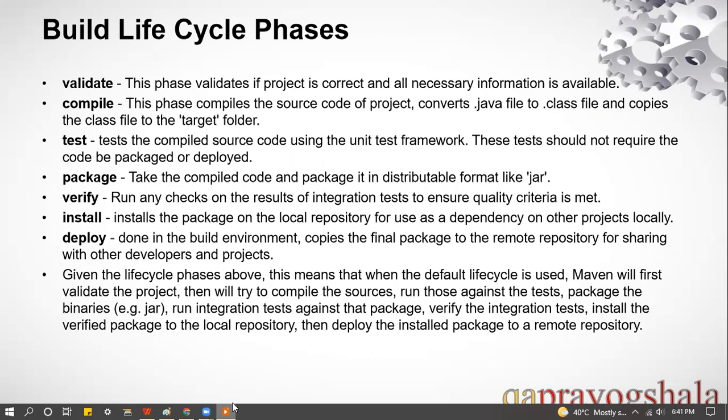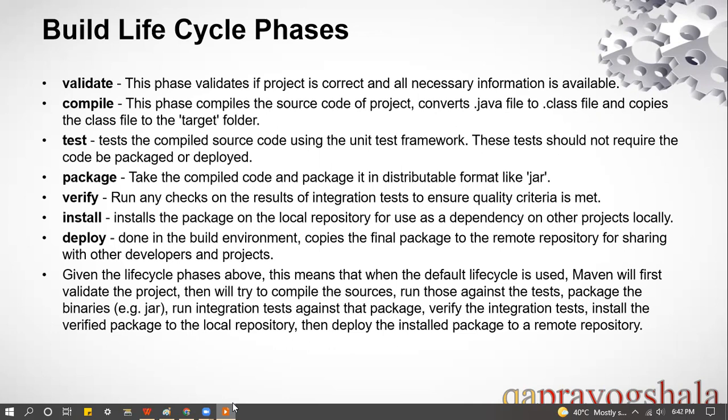That is the whole purpose of the compile phase. We'll see this part in more detail in the next episode when we go through the Maven commands. This is very important: it won't compile the test code, it will compile the source code of the project. It will convert .java files to .class files and copy all these .class files to the target folder. So this is the compile phase.